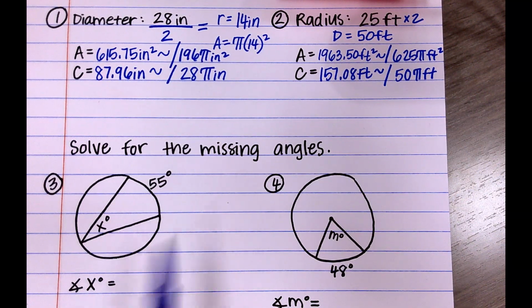So for number 3 and number 4, we have angles inside of a circle. Now, yesterday I taught you about 2 specific types of angles. We talked about central angles and inscribed angles. Is number 3 a central angle or an inscribed angle? Not sure. Look back at your notes. Number 3, is that central or inscribed?